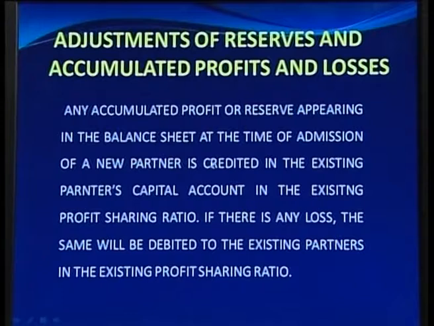Any accumulated profit or reserve appearing in the balance sheet at the time of admission of a new partner is credited to the existing partners' capital accounts in the existing profit sharing ratio. If there is any loss, the same will be debited to the existing partners in the existing profit sharing ratio.